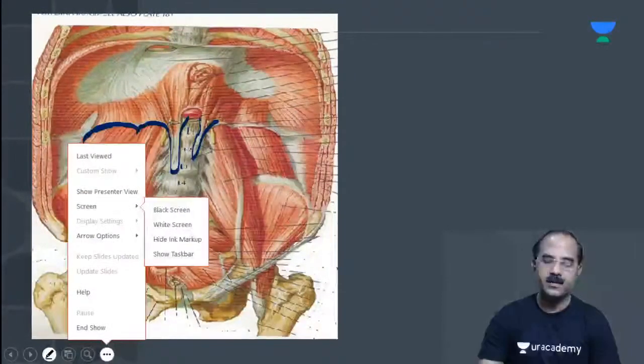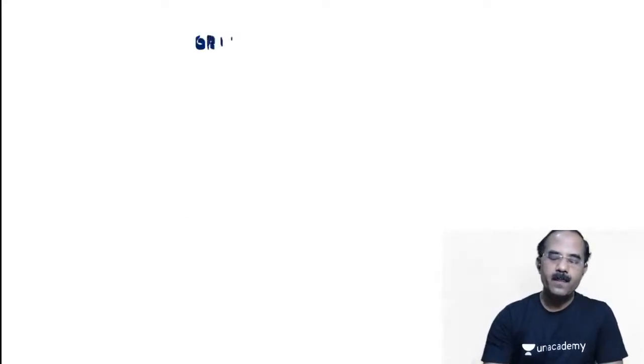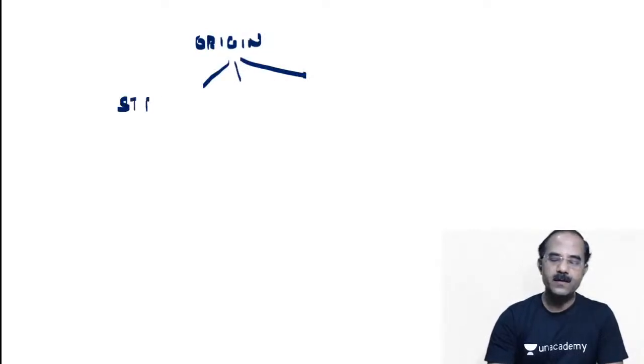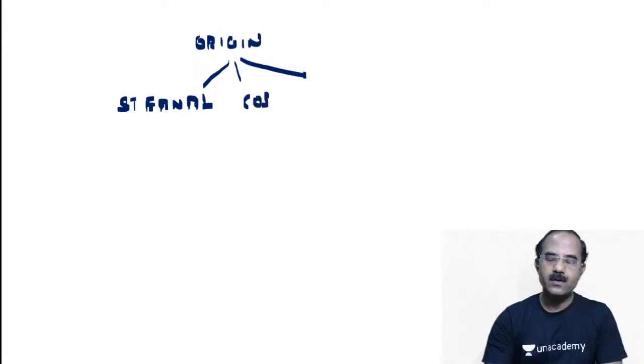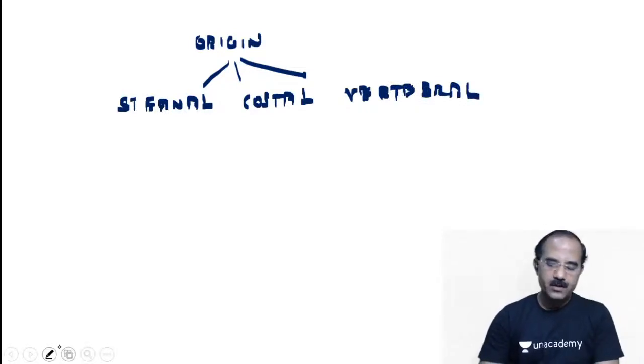Okay, I'll just make a slide for you. So origin we classify into three groups. One is the sternal, one is the costal, and the third one is the vertebral. Sternal, costal, vertebral. So sternal head begins from where?